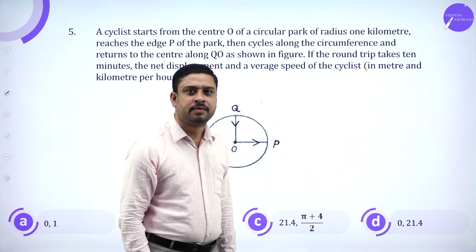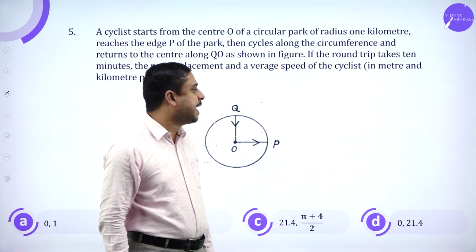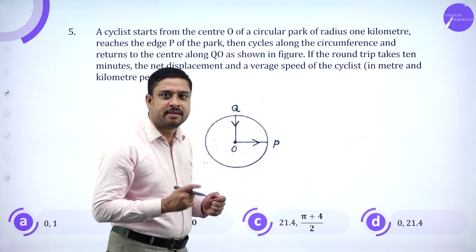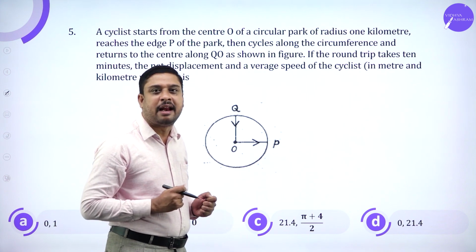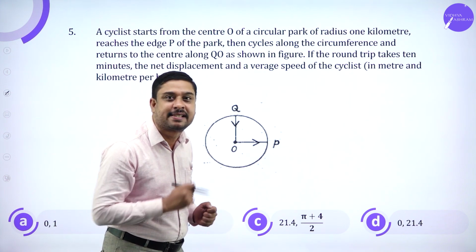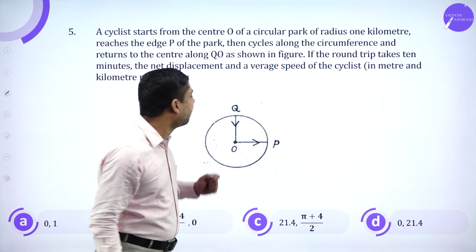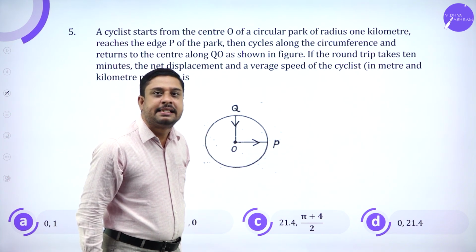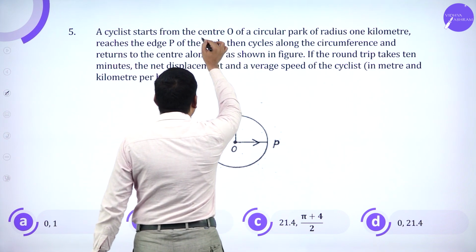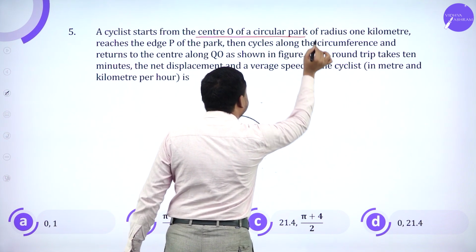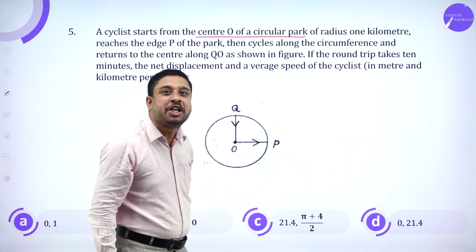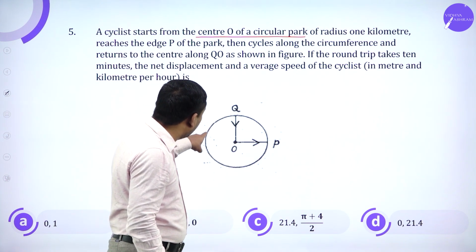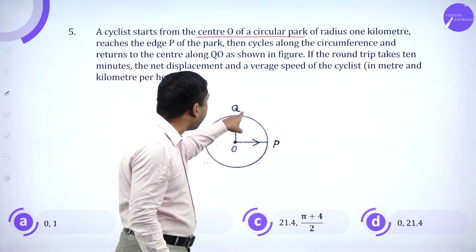Next one. Very interesting. A cyclist, in the Olympics, we will consider them. A cyclist starts from the center of a circular park. There is a circular park.